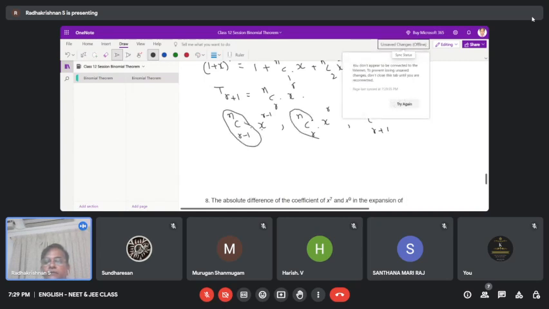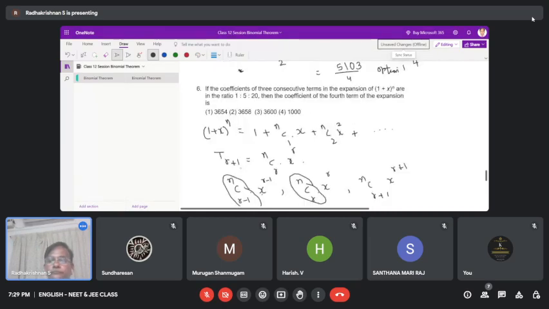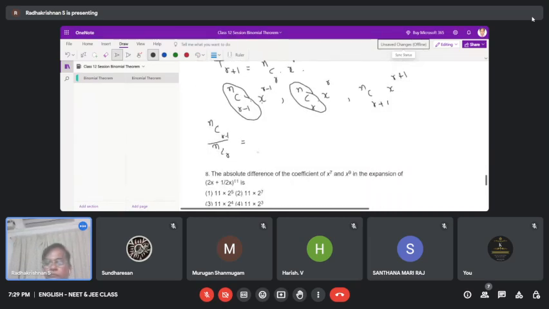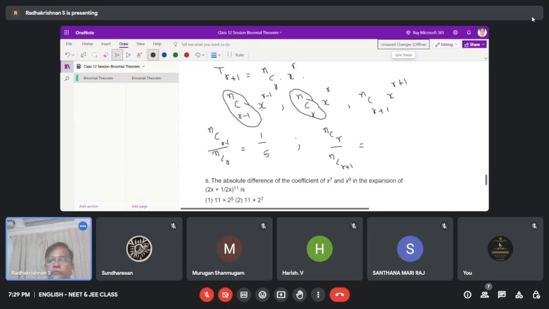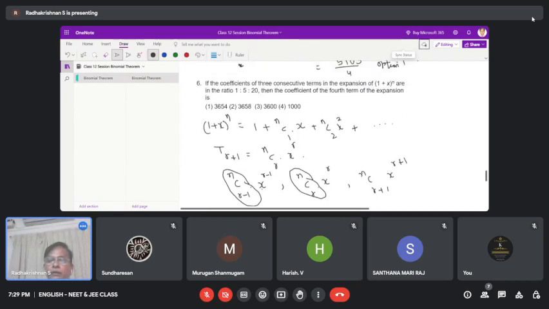This by this, nC(r-1) by nCr, is given as 1/5, and again nCr by nC(r+1) is given as 5/20.